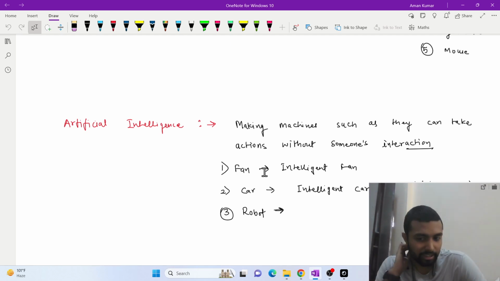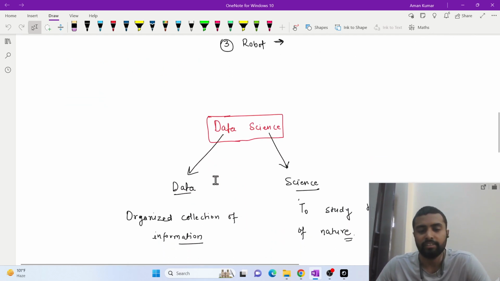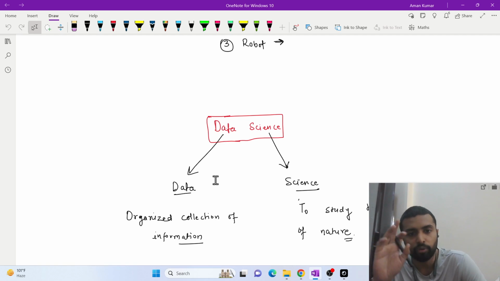Our task now is to understand what is data science. You know my way of explaining the same concept. Let's break this concept down word-wise. In data science there are two terms: one is data and second is science.